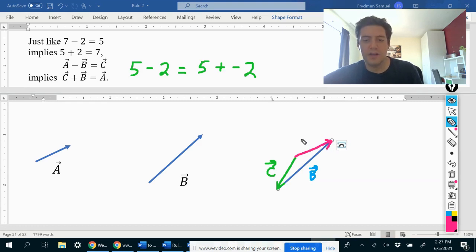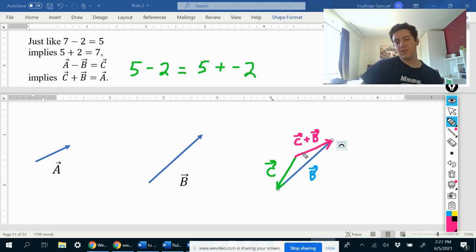This over here would be the vector C plus B. Okay, drawing another vector from the unconnected tail here to the unconnected head here. But you can see that this vector C plus B is exactly equal to vector A. Maybe I didn't draw it perfectly because I'm doing it freehand, but hopefully it's close enough that you can see that these really should be exactly the same.